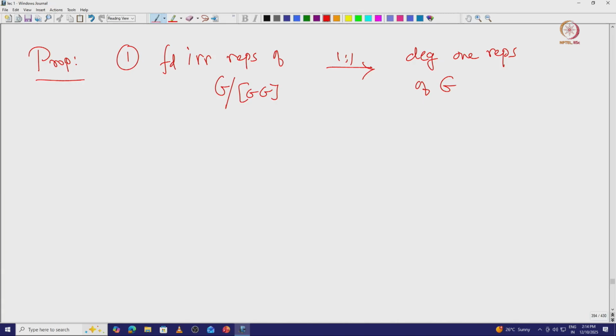This bijection tells us how to go to the abelianization of G and then get all possible degree 1 representations of G. In particular, the number of non-isomorphic degree 1 representations of G is exactly equal to the cardinality of G modulo [G,G].